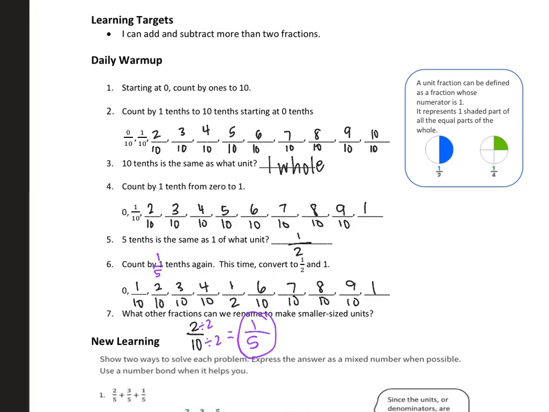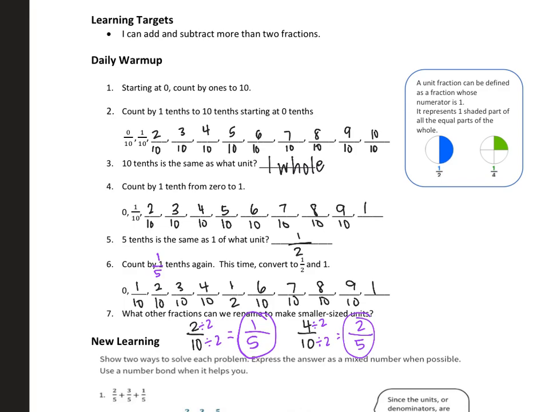All right, I'm going to keep looking. Next, I see 4/10. Again, I know both of those can be divided by 2. And if I do that, 4 divided by 2 is 2, and 10 divided by 2 is 5. So 2/5 is my simplified fraction. All right, gonna keep going.